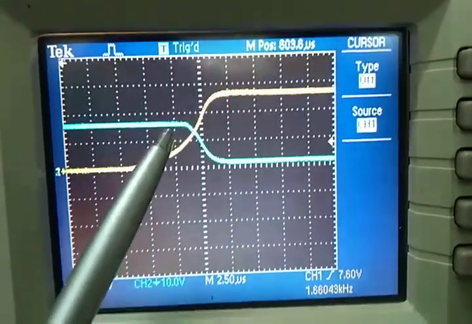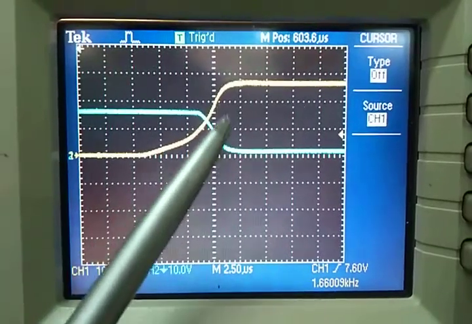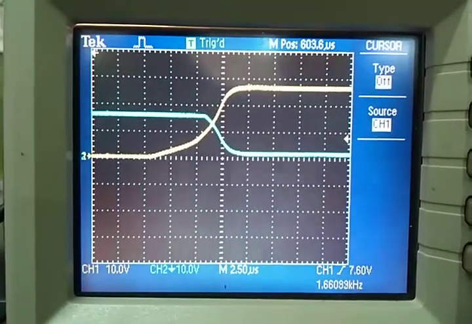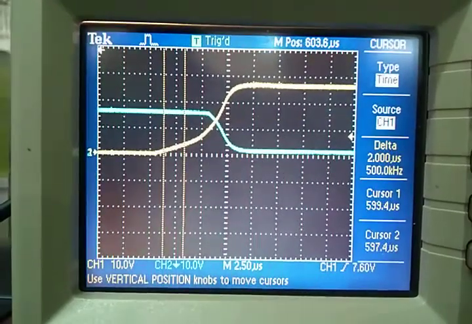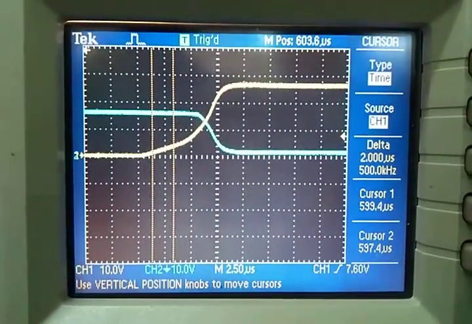You can observe here that it is not instantaneous, it is with a different nature. So you can measure it again with the help of the cursor. We can set what the delay time is in the fall.